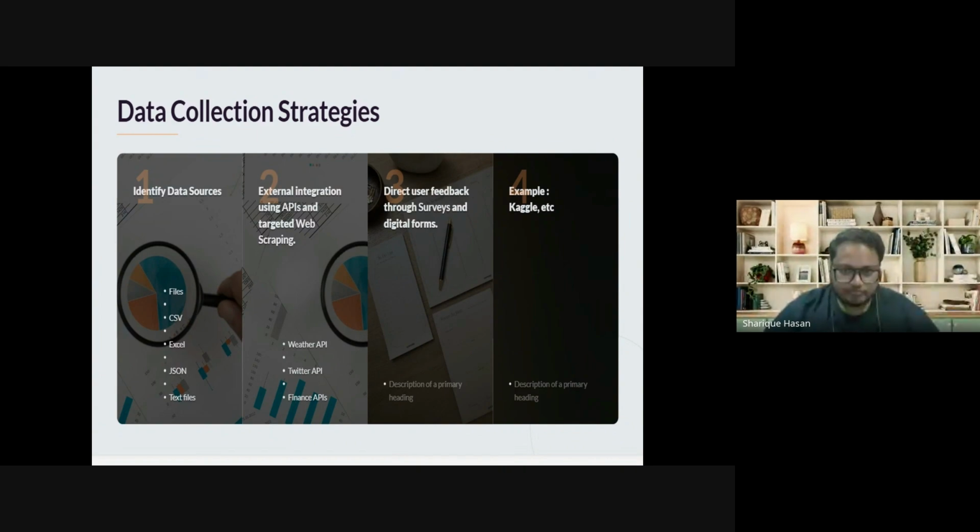So the third example for data collection is where I usually make projects and don't have data sets. I've made some projects, so I have to make data sets. I'll give you an example.